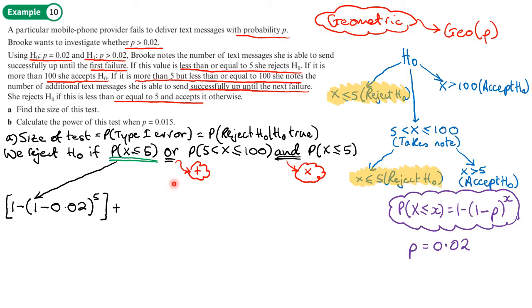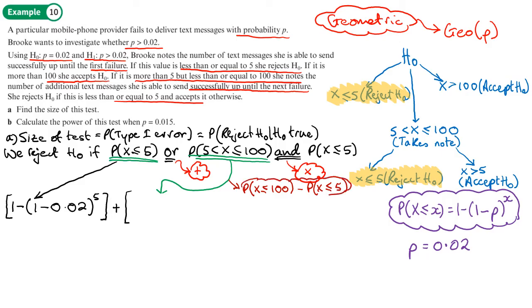Plus, we need to work out this bit here. Now, if I want to work out the probability between values, I need to work out the probability of X up to 100 and subtract the probability up to 5, since we want values greater than 5.